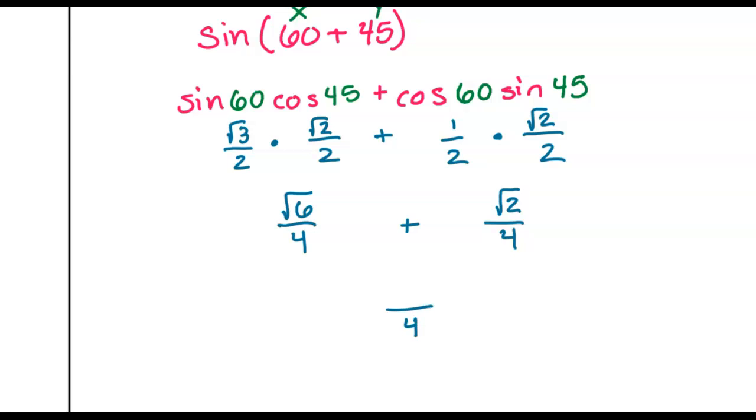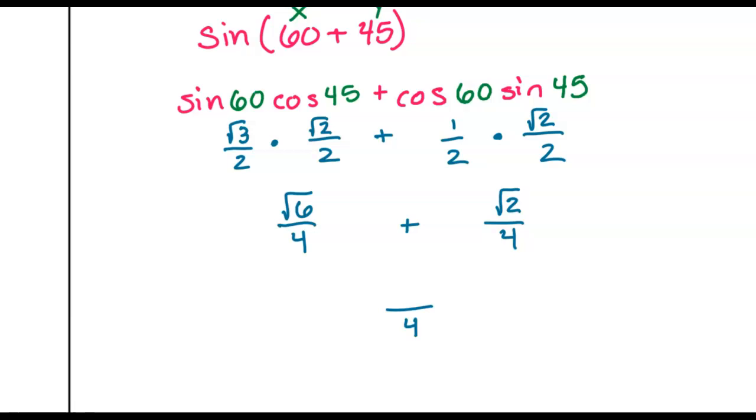Now, how do you add square root of 6 over 4 plus square root of 2 over 4? It works differently than multiplication, actually. Can they be combined? No. You kind of treat radicals, I know I hate to say this because they're not, but you treat them like they're variables, okay?